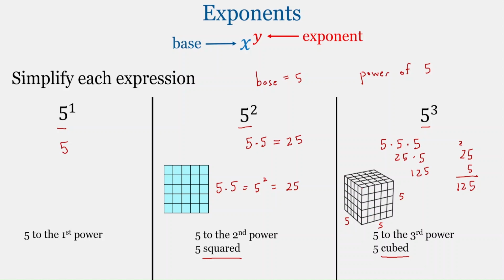And to count the number of cubes we have, we would multiply 5 times 5 times 5, which is 5 to the third. So we have 125 little cubes that make up this 5 by 5 by 5 cube.